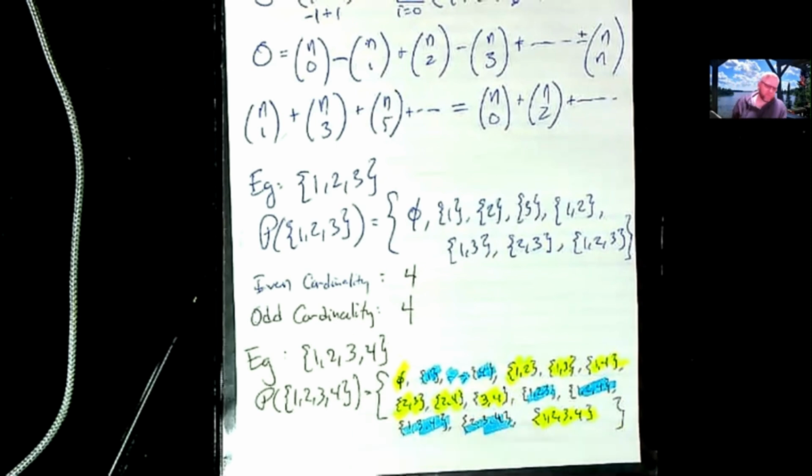Okay, so we have 8 of each. We proved it with the binomial theorem. Given any set, the number of subsets of even cardinality is always equal to the number of subsets of odd cardinality.